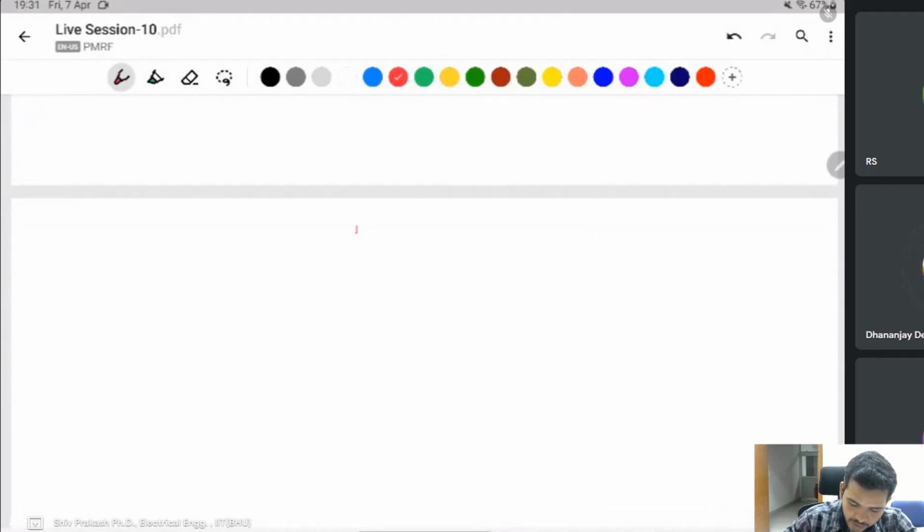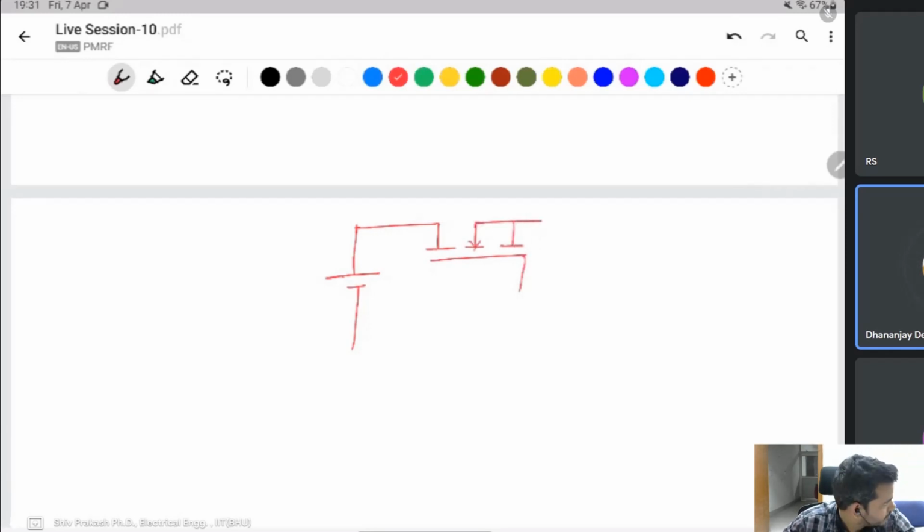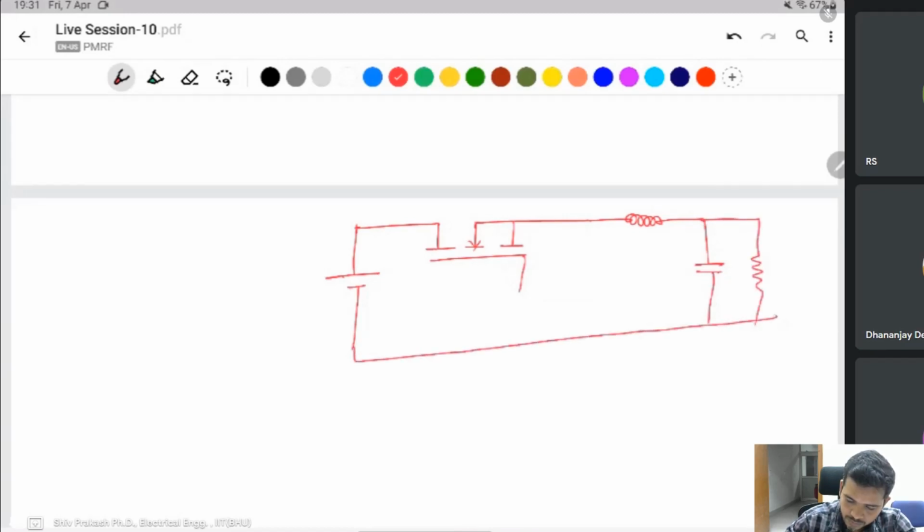If you observe a buck converter, this is the buck converter switch Q. You can see the MOSFET switch.